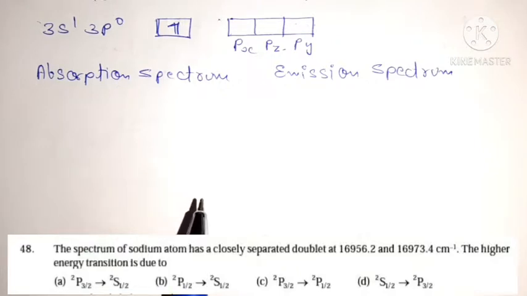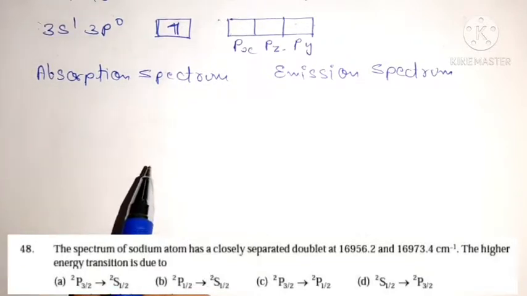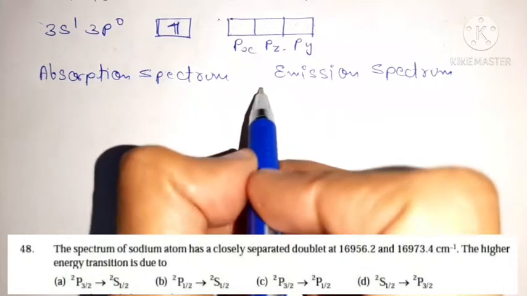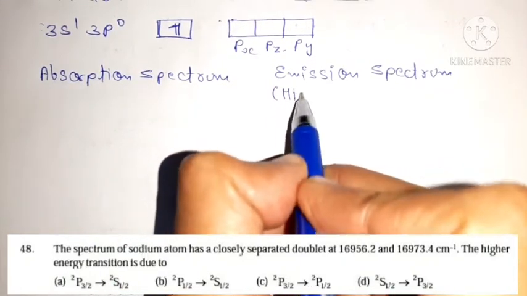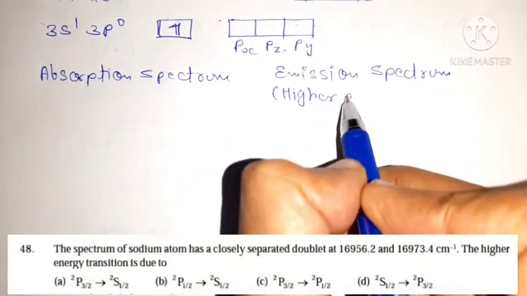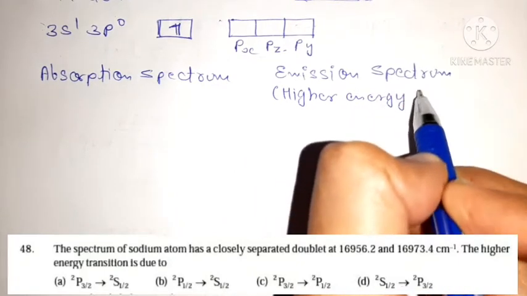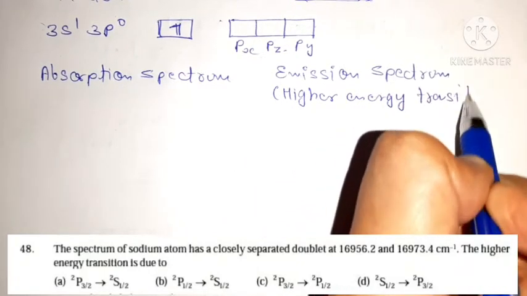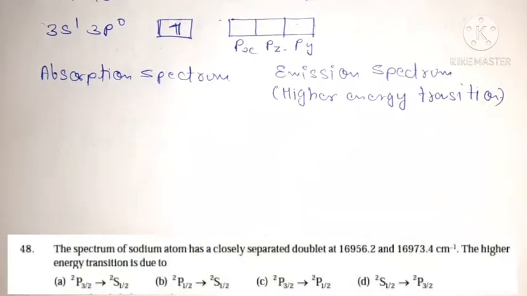Now in our question, they talk about higher energy transition. When we talk about higher energy transition, that means we talk about emission spectrum.